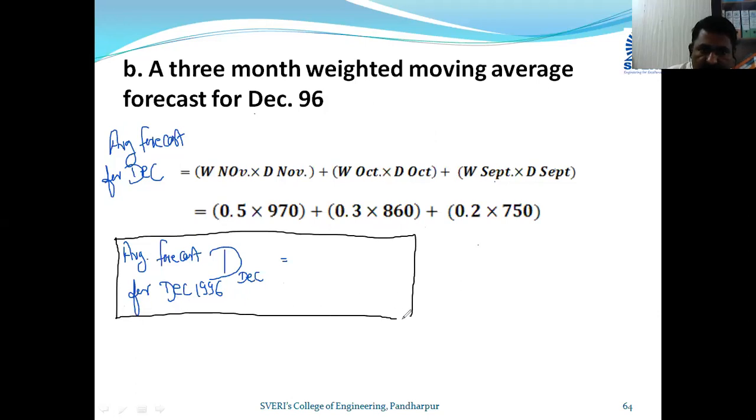So you will get one answer, and this you can call as the answer calculated by the weighted average method. What is the answer?